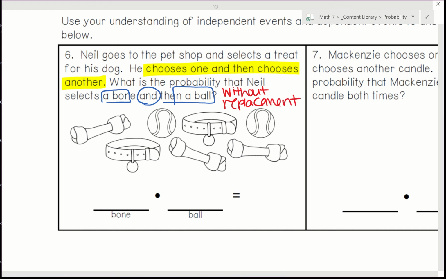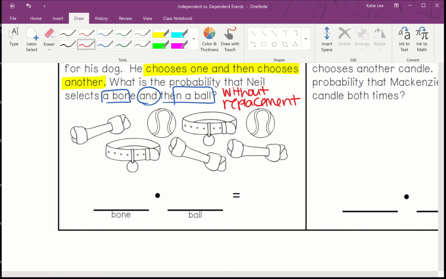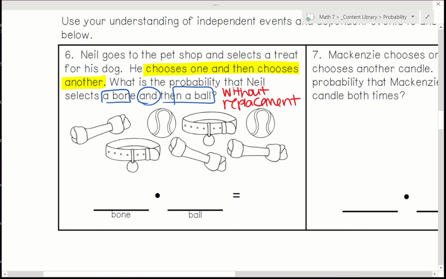Well, let's see. The probability of a bone is 1, 2, 3 out of 1, 2, 3, 4, 5, 6, 7. So there are 3 chances of getting a bone out of 7. So let's say he does pick a bone.